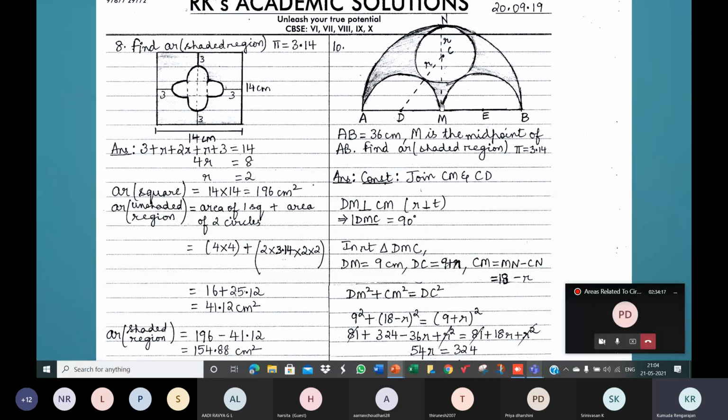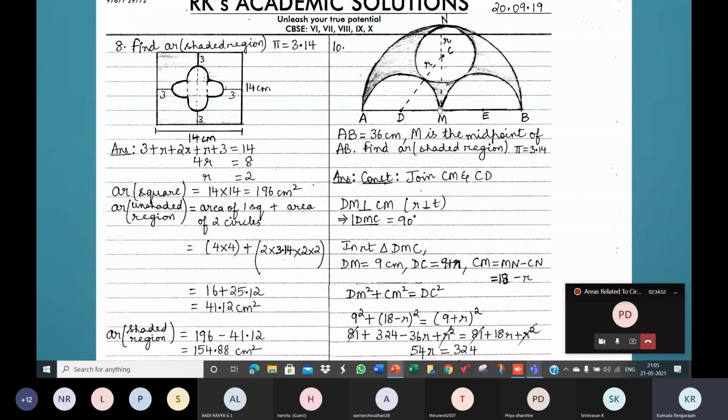MN is 18, and this is the radius of the small circle, so MC will be MN minus NC, which is 18 minus R. MB is 18 also, so MN is radius 18, and 18 minus the radius of the circle, 18 minus R, will be MC.